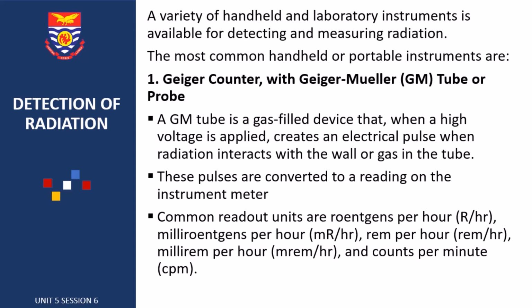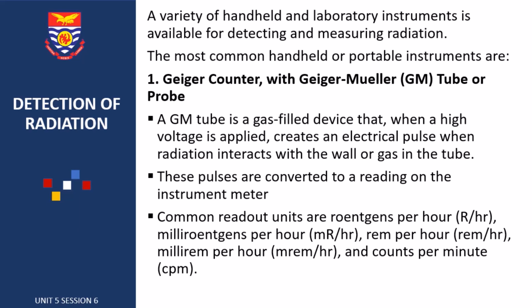The Geiger-Müller tube is a gas-filled device that creates an electrical pulse when a high voltage is applied to it, and radiations interact with the walls or the gas in the tube. So this pulse that is created is converted to a reading, which can be read on the instrument meter.